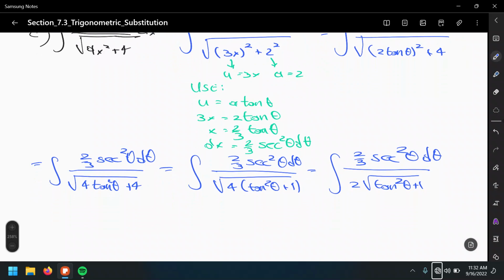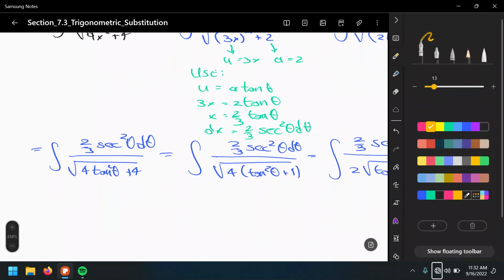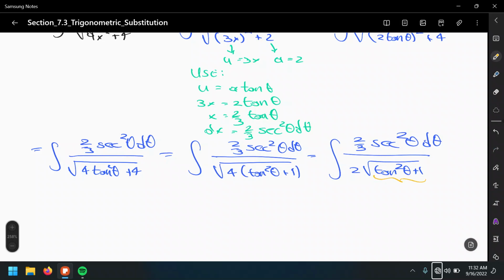We can further simplify this radical because we know that tangent squared plus 1 equals secant squared. Again, these are not identities that we usually memorize. The one that we usually memorize is sine squared plus cosine squared. But again, you have tricks to derive them whenever you don't have access to a formula sheet.